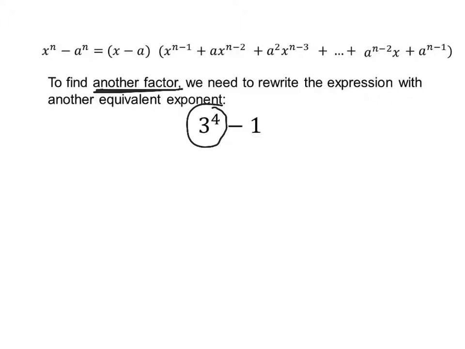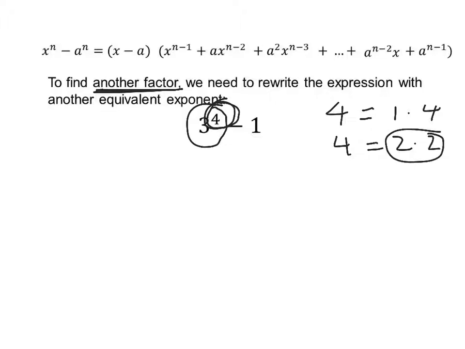All right. Now I want to help you to see how we can change that. First of all, you have to recognize that 4 can be written as 1 times 4. 4 can be written as 2 times 2. So the goal is to actually change this 4 up here to 2 times 2. So we're going to read that like this: 3 to the power of 2 times 2 minus 1. Okay, that's our goal. And then, based on Algebra 1 concept, we know that these two can be taken inside here.